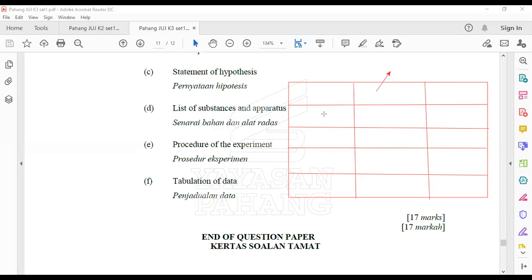Okay, next. Down here, 1, 2, 3, 4, you are going to put the initial temperature of the acid, the initial temperature of the sodium hydroxide solution. Then the average temperature, the highest temperature, and the last one, another row, which is the temperature change. I repeat, this part, you are going to write about the reaction.